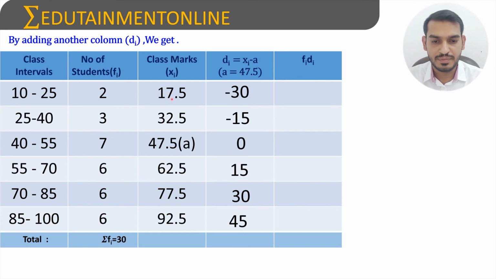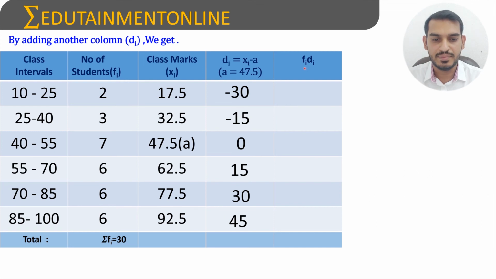So 17.5 minus 47.5 is minus 30. Next, 32.5 minus 47.5 is minus 15. And 47.5 minus 47.5 is 0. 62.5 minus 47.5 is 15. 77.5 minus 47.5 is 30. 92.5 minus 47.5 is 45.